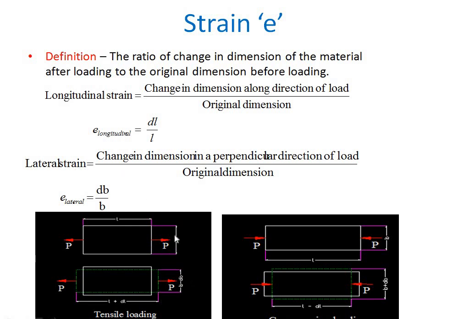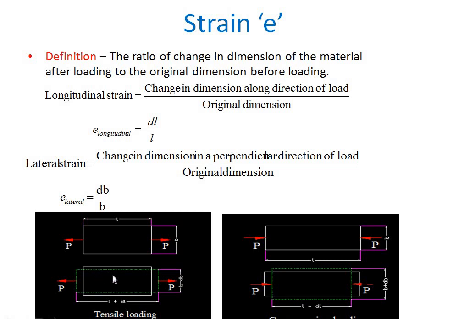Come to this diagram in the tensile loading portion. L is the original length of the material and we are applying a tensile load of P at its ends, and due to that the material has increased and the final length is L plus dl.